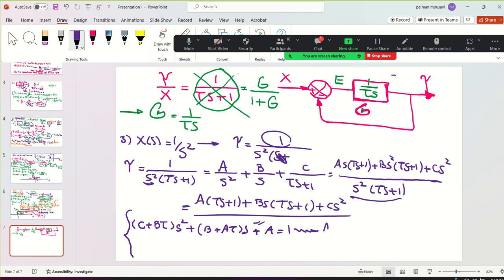From here you get A is 1. From here you put here, because this is 0, B is gonna be minus tau. If you implement here, you get C is equal to tau squared. Bingo.